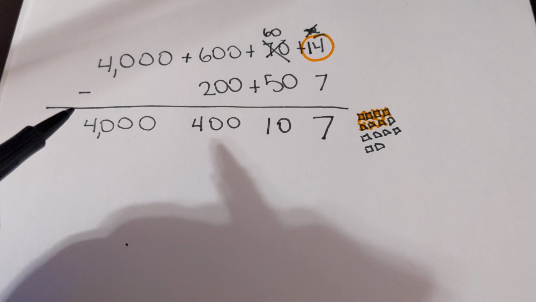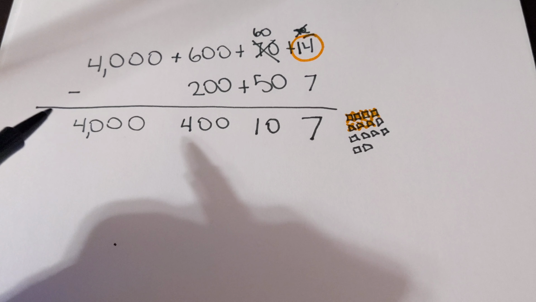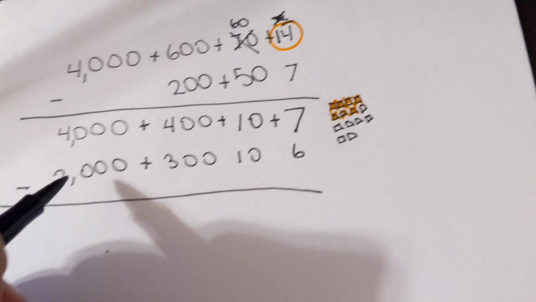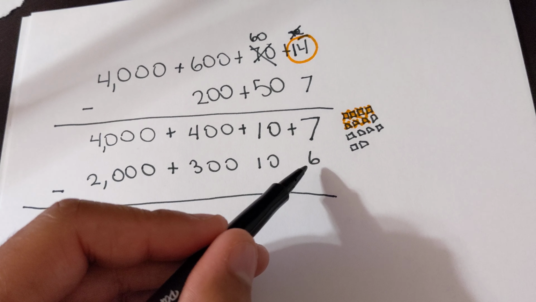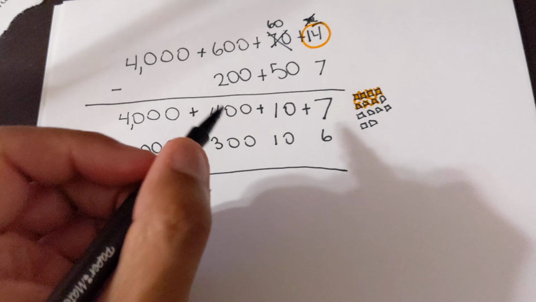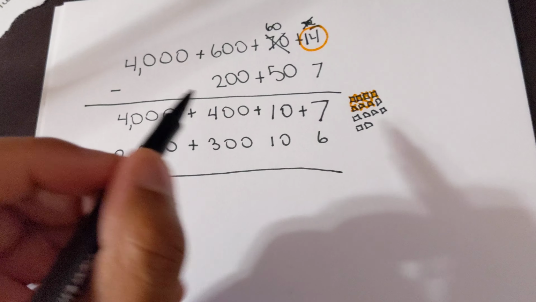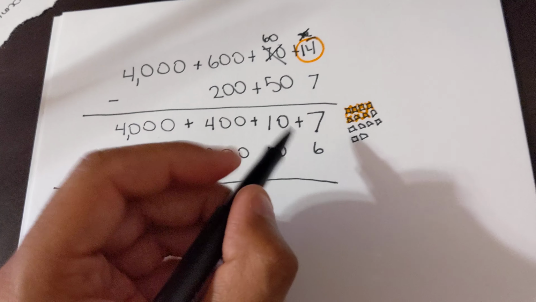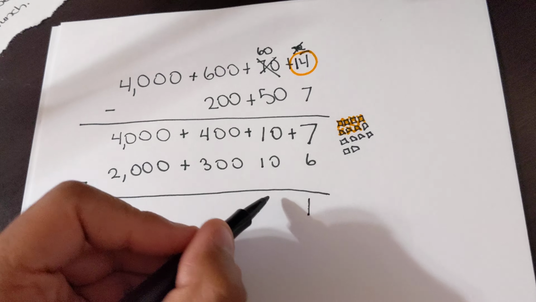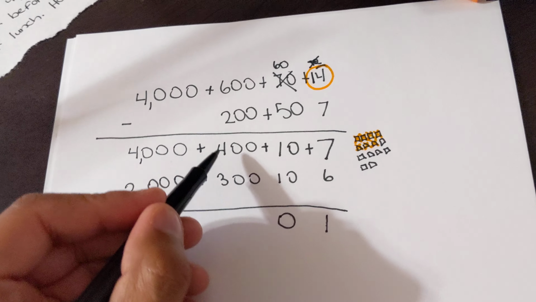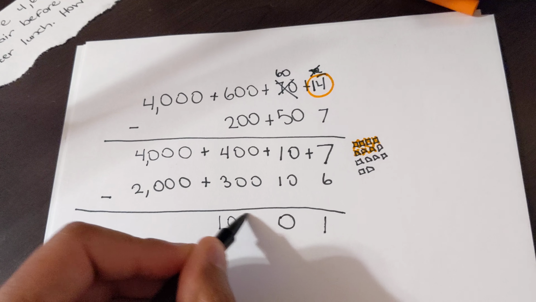But remember that 2,316 more people left after lunch. Let's expand that number. And now we get 2,000 plus 300 plus 10 and 6. And so now let's subtract to figure out how many people are left both before lunch and after lunch. 7 minus 6, we know that that's 1. 10 minus 10, 0. 400 minus 300, 100.